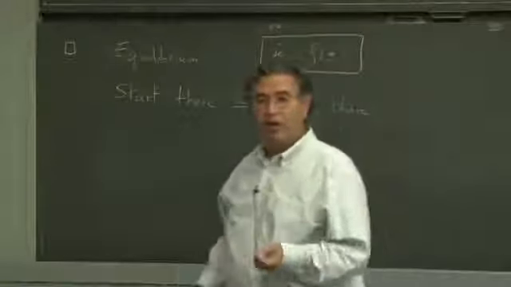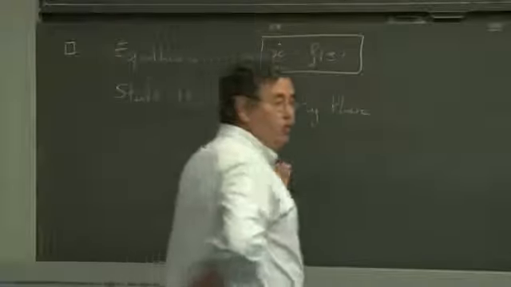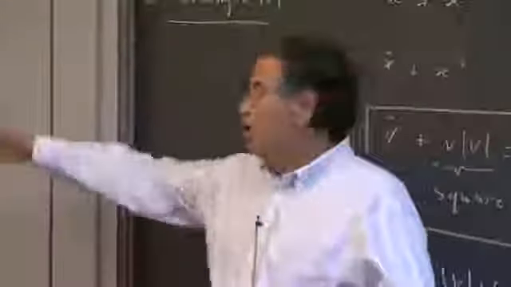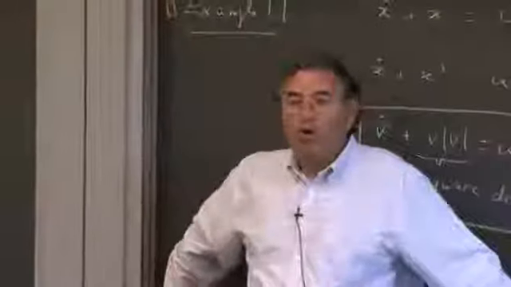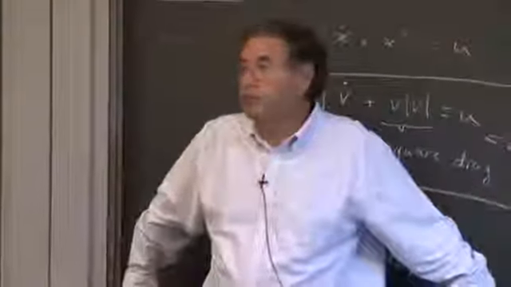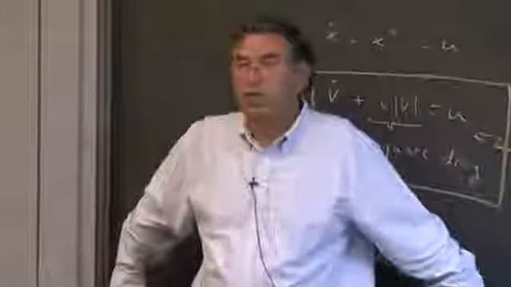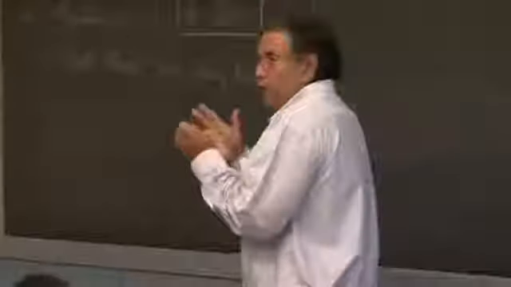So given this dynamics, x dot equal f of x, which says the change of the state x is equal to f times the value of the state, how can we find an equilibrium point? Well, it simply says if we start there, we stay there, right? So if we start there, then x dot should be 0.